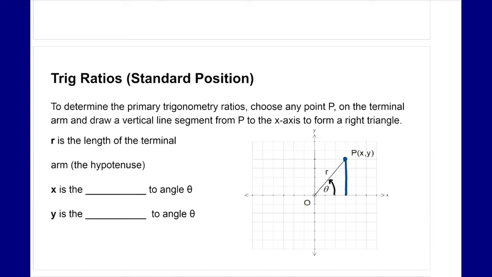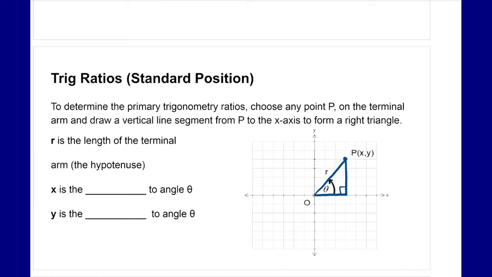And now do we start to see a right angle triangle? We should, because the angle is formed with the x-axis. So if I draw a vertical line straight down from that specific point, hopefully now we can see this triangle being formed. r is what we call the length of the terminal arm, which is the hypotenuse.